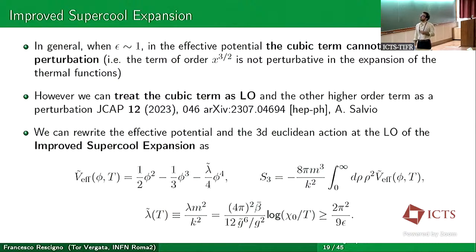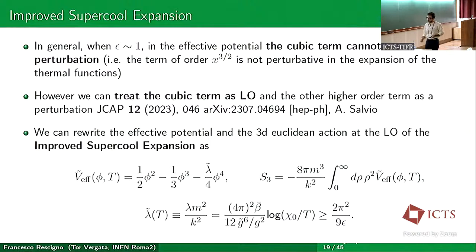Also if this perturbation theory is going to break, we can treat the cubic term as a leading order effect. So we promote the term x to 3/2 as a leading order effect in the expansion of the thermal function, and higher order terms as a perturbation, as done in this paper here.